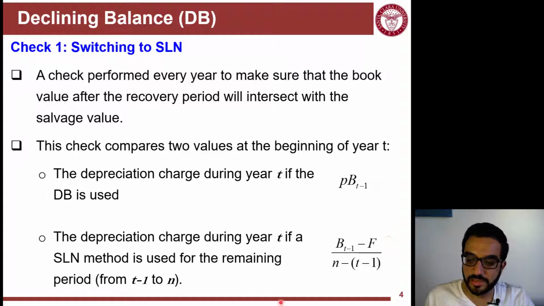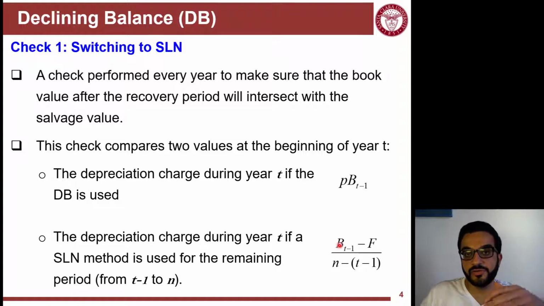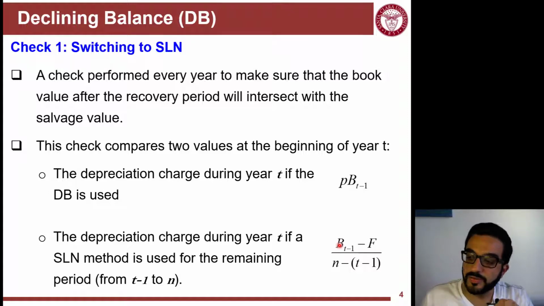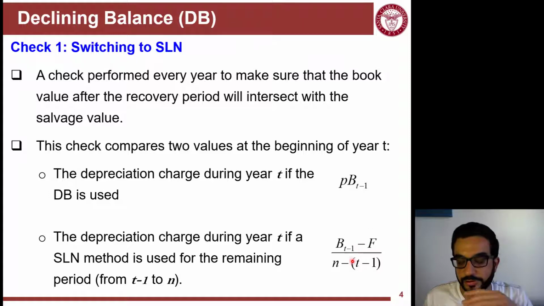The second value to calculate for the comparison and the check is this: if I decide to switch this year, the depreciation of this year and the subsequent years will follow a straight line from now on. This is basically calculating the amount of depreciation that will happen in this year and future years if I switch to a straight line.